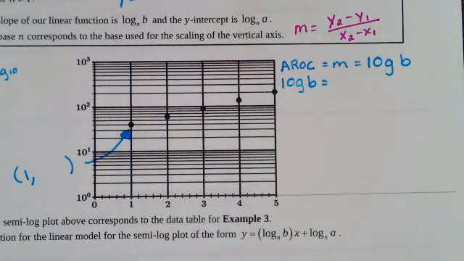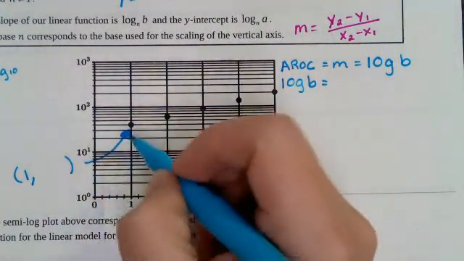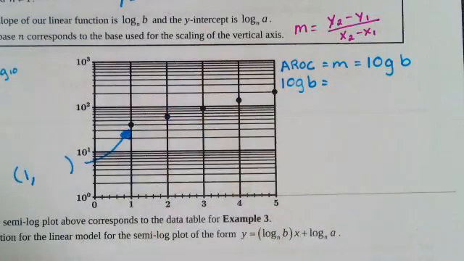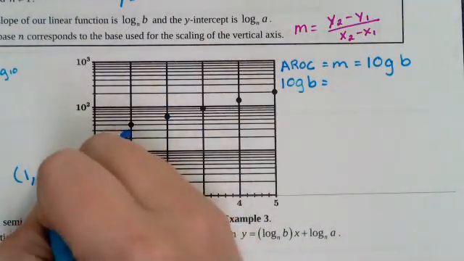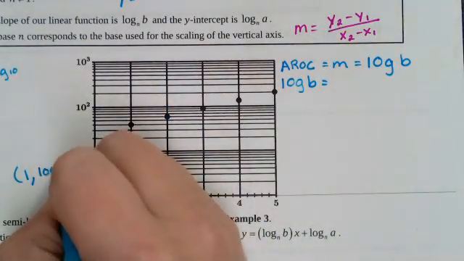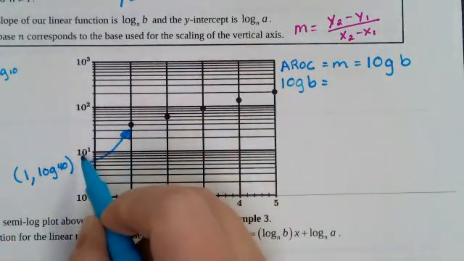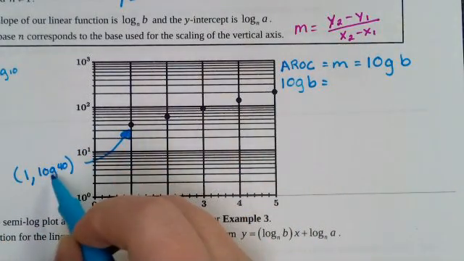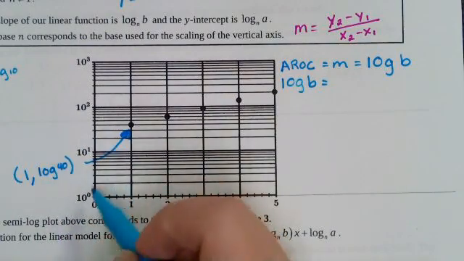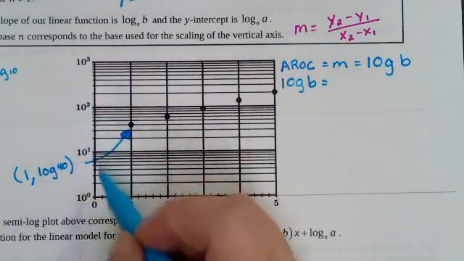Even though it appears so on the semi-log graph, it's not actually linear, which means I can't calculate slope exactly the same way we've done it in the past. It's going to be similar, but not exactly the same. What's going to be a little bit weird is my y values. Rather than actually using the 40 for my y values, we're actually going to use log of 40. Okay, because here we're looking at base 10. So this is log base 10 of 40.